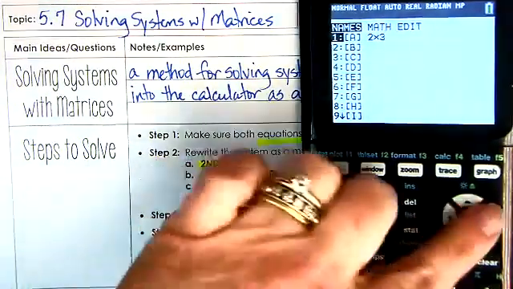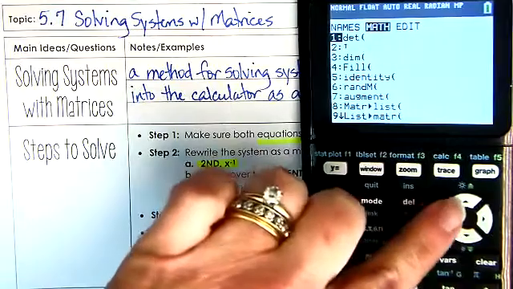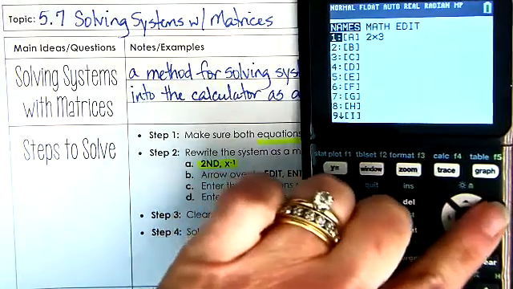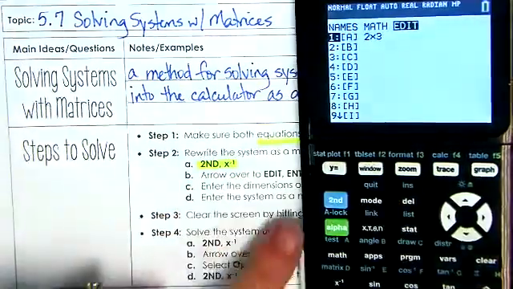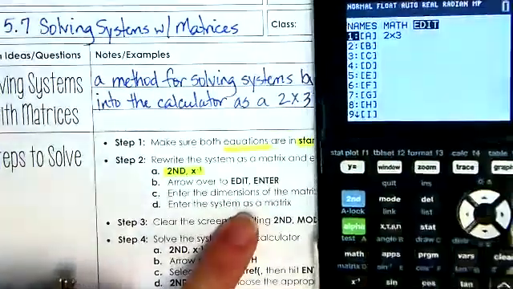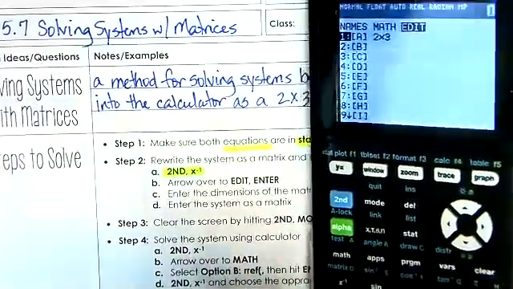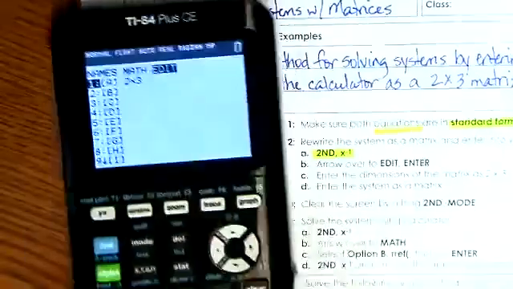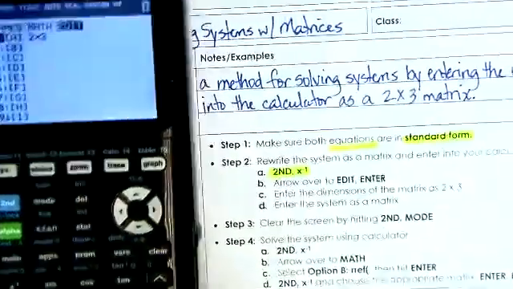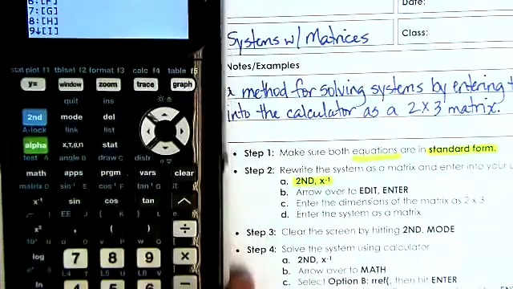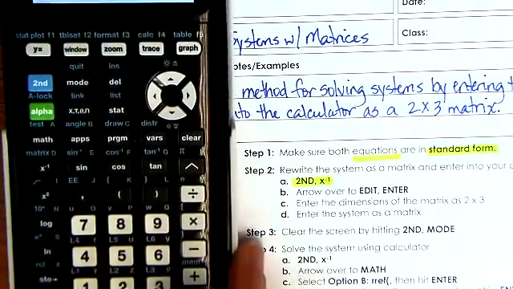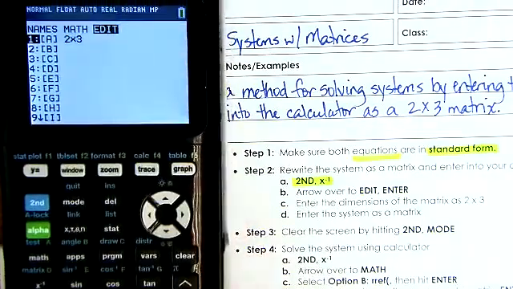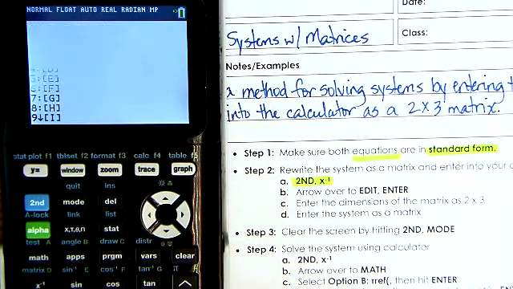Sometimes it may not be, and if it's not, you just go over here to edit, and we press enter. I'm trying to do this without the glare. Maybe I need to move the calculator over here. That's helpful. Okay, so let me move this up so you can see. So we're going to go to edit, arrow over to press edit, and press enter.